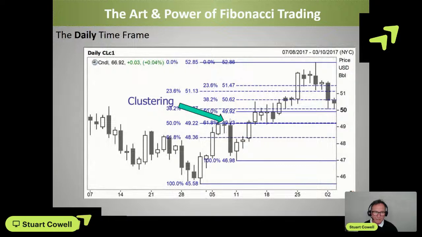But there, the cleaner level was this 49.23 level, this 50 and 61.8, the key fib levels. This becomes key. So we've got two levels clustering together on two fib moves, and that becomes key as we move forward with it.